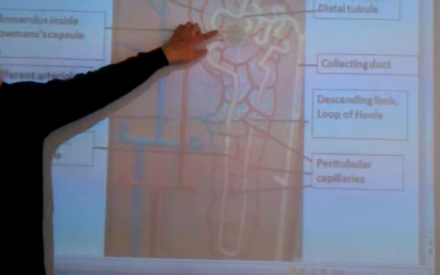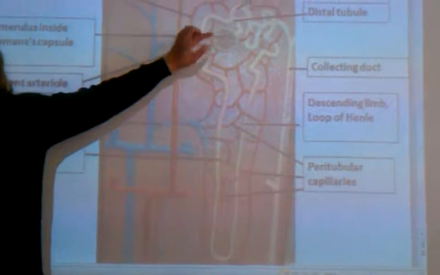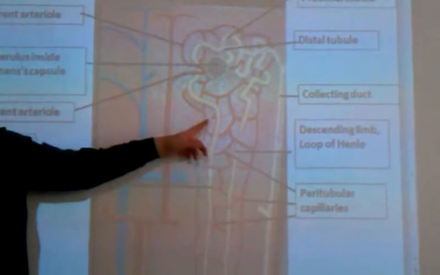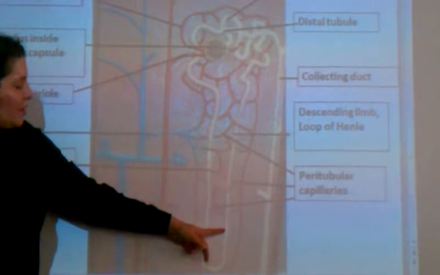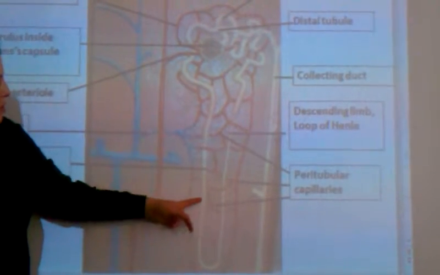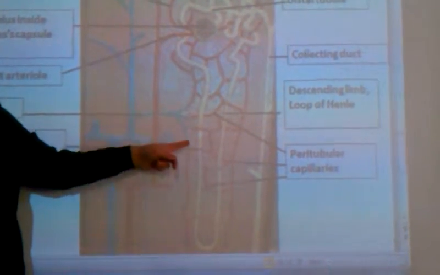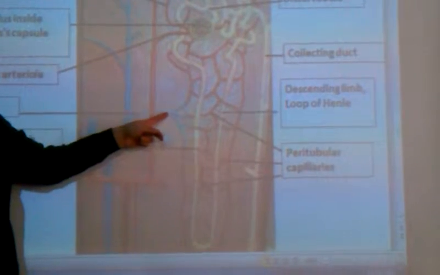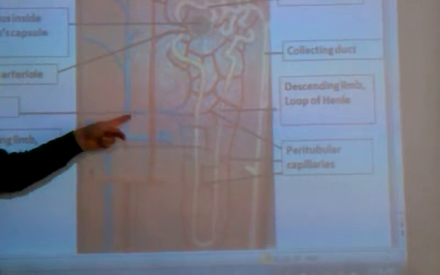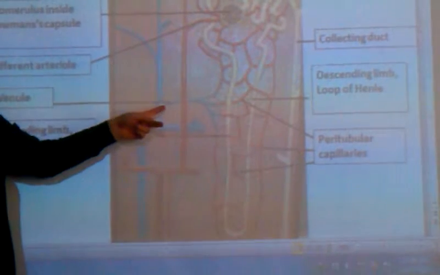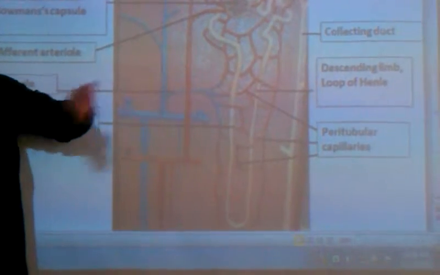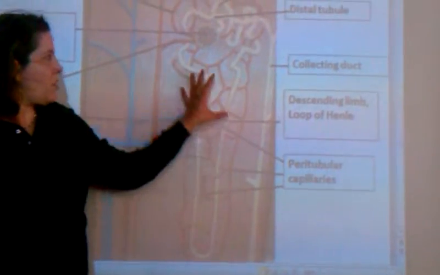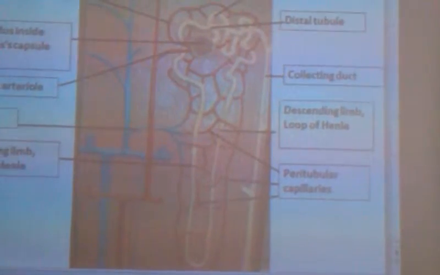We are not delivering oxygen when we go into the renal corpuscle. And it isn't until those peritubular capillaries are leaving the nephron that they become veins. Peritubular veins leave and carry blood away from the kidney.